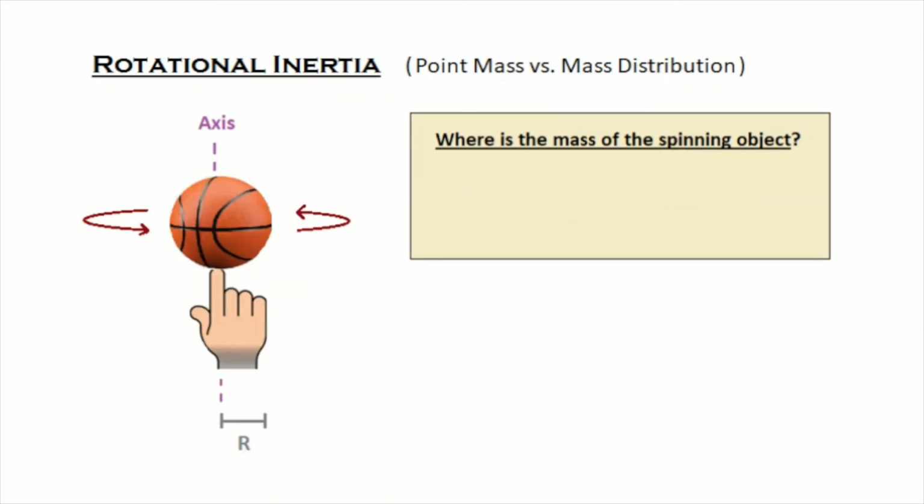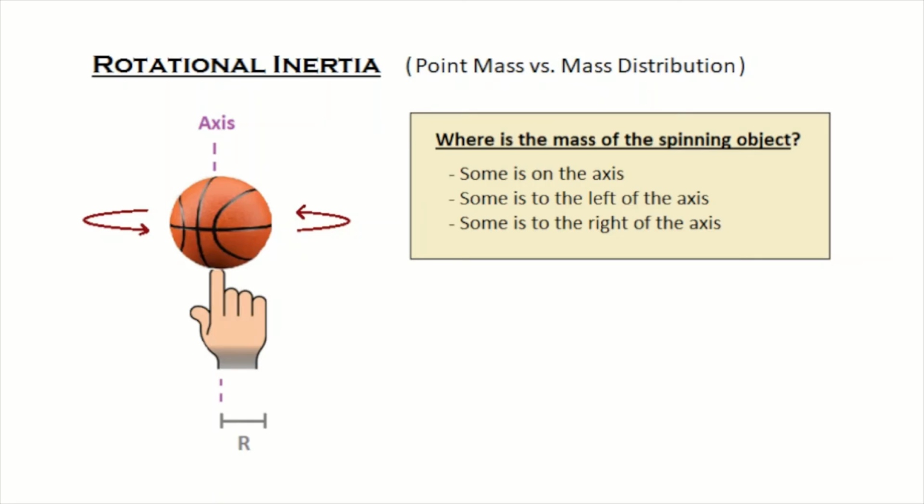Let's look at a mass distribution. Here we're spinning a basketball on top of a finger. The axis runs where the finger is, and the distance r is measured from the axis to the outer edge of the basketball. Again, the same question. Where is the mass of the spinning object relative to the axis? Well, this one's more complicated. Some of the basketball is on the axis, some is to the left, some is to the right. It's distributed over multiple areas.